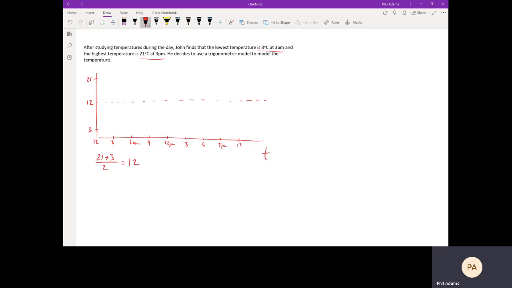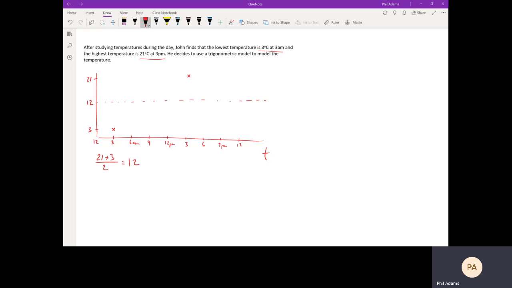Okay, and that's where our day ends. And now we can go and plot those 2 points they gave us. So we know that at 3 a.m. it's at the low point, 3 degrees, and at 3 p.m. it's at the highest point, 21 degrees. All right, so that's where I'd sort of start. The first thing is work out what they're oscillating around, and then I'd plot the data we've got.